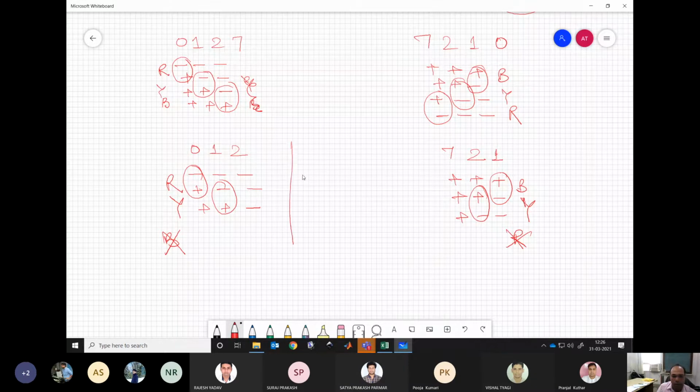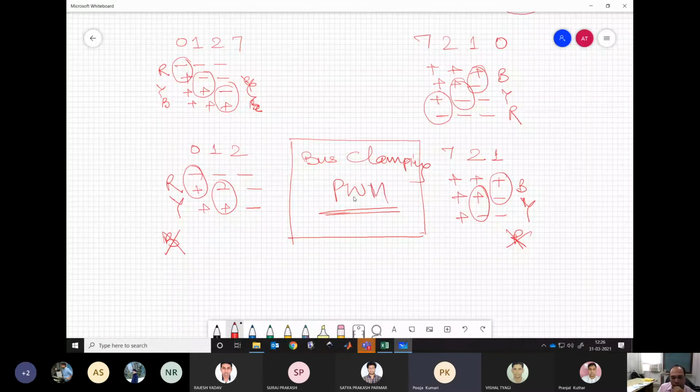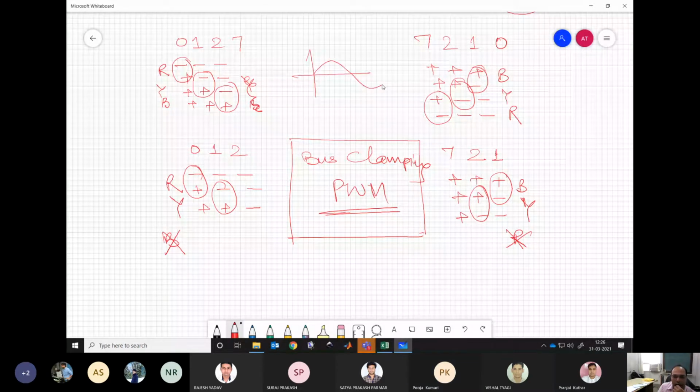What is this PWM where a particular phase is not switching? Sine triangle, we saw this, right? Bus clamping PWM. In sine triangle PWM, the sinusoidal function or modulating signal is there.